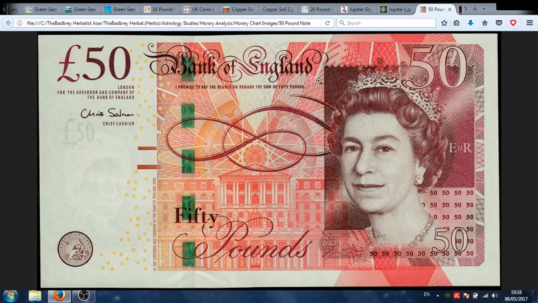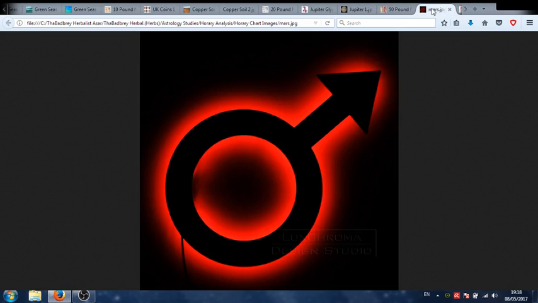The color red corresponds with blood. People usually will stop at nothing to get their hands on the highest amount of money possible in the shortest space of time. All right. People would kill to get a high amount of money. They will shed blood to get a high amount of money, which is why the £50 note is red, because it corresponds with Mars.